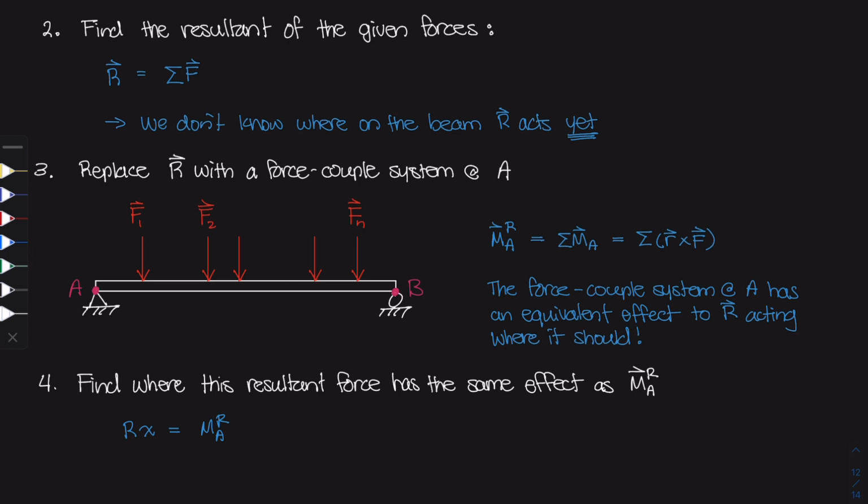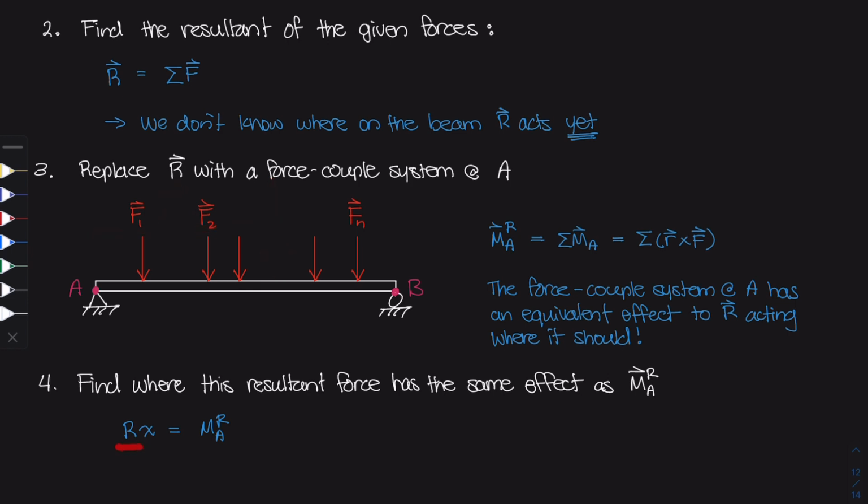And then once we have this system, we can use this equation and say that, well, if we had that resultant force here, we don't know what the value of x is, but because we know the effective moment that this R causes about point A, we can figure out this value x.